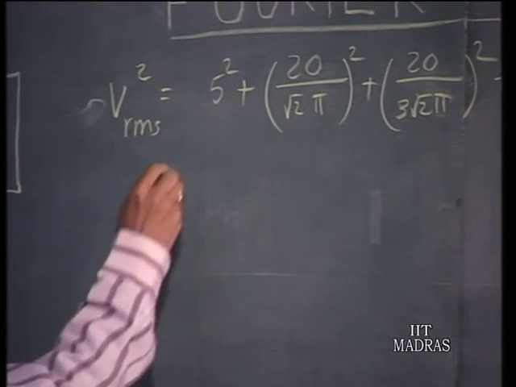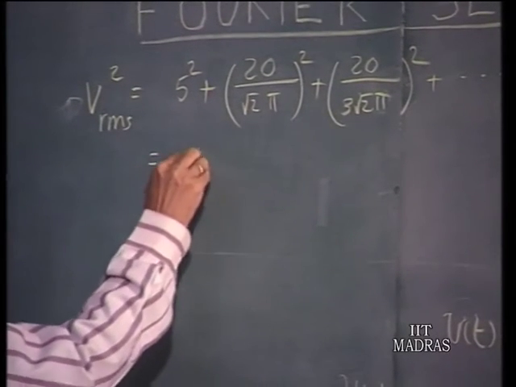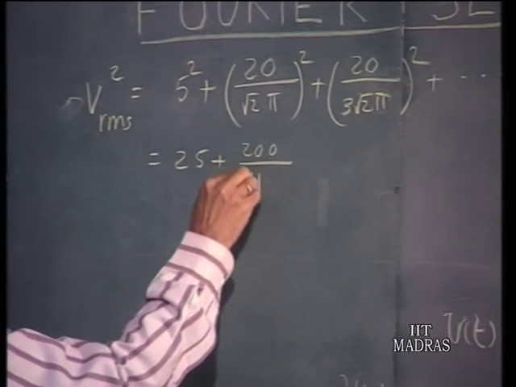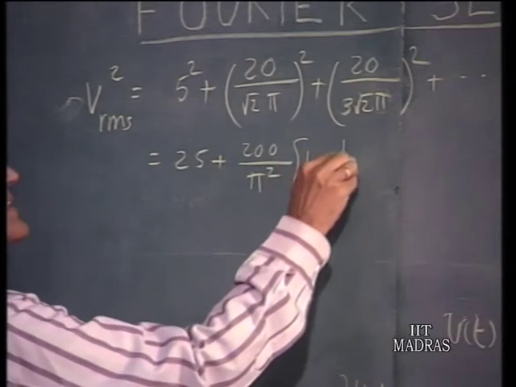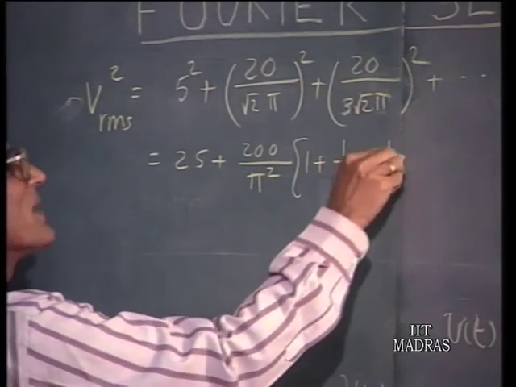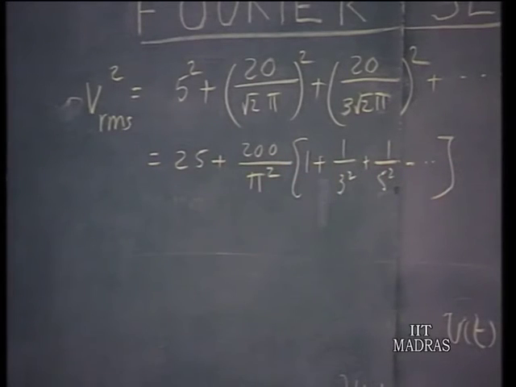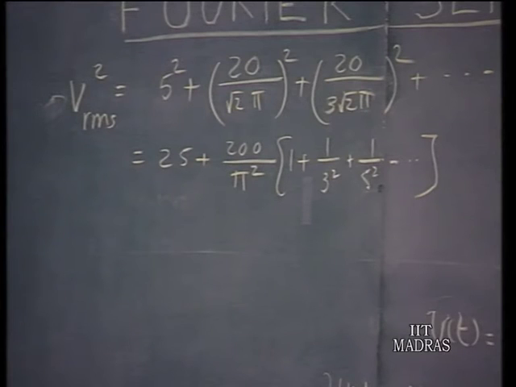And if you calculate this, this will turn out to be 25 plus 200 upon pi squared times 1 plus 1 by 3 squared plus 1 by 5 squared, etc. And this series is known to have a summation equal to pi squared upon 8.